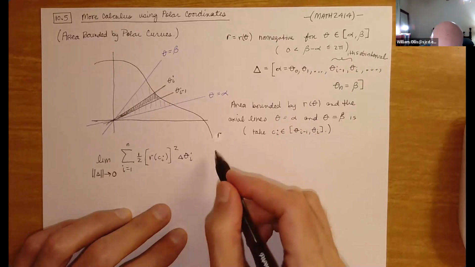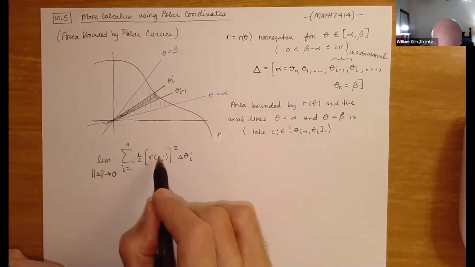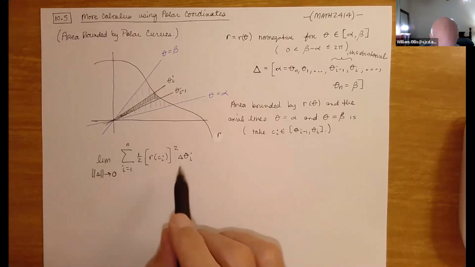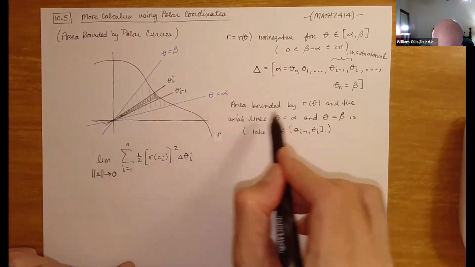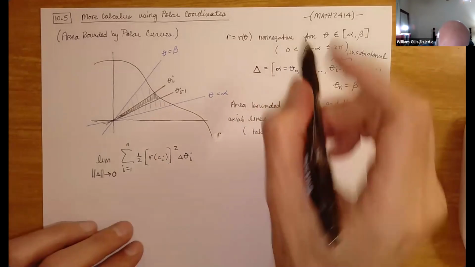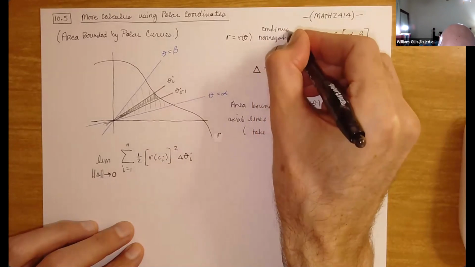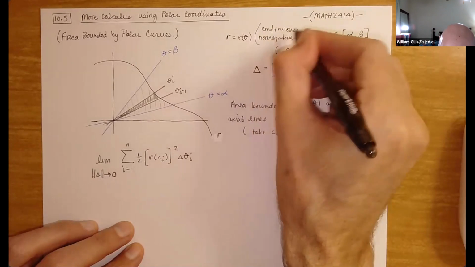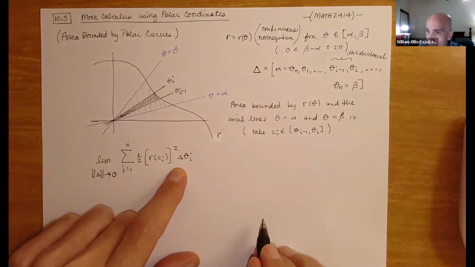Now this basically sums all of the sector areas. When we let the norm go to 0, we're assuming that r is not only non-negative, but continuous, so we can integrate it. We have fairly nice curves, so we know that the Riemann integral exists.